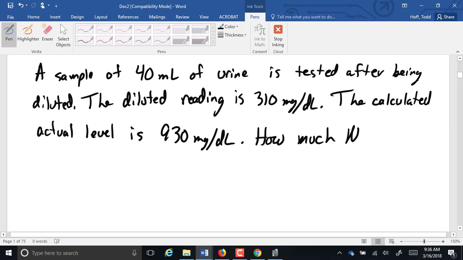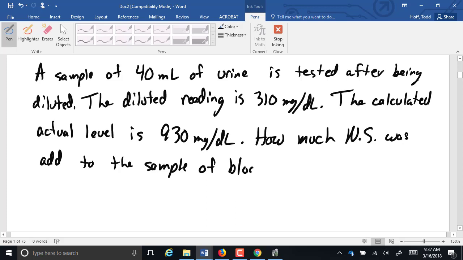How much saline was added to the sample of blood? I'm going to give you guys a couple minutes to work on this. Yes, that should be urine, not blood.